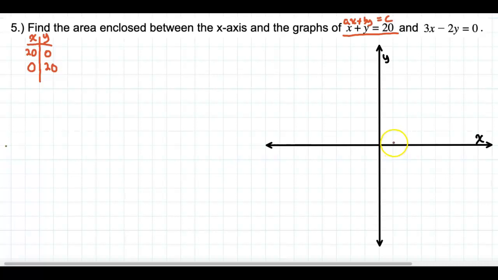That one there might not be the best. So let's go by 5s: 5, 10, 15, 20, and 5, 10, 15, 20.